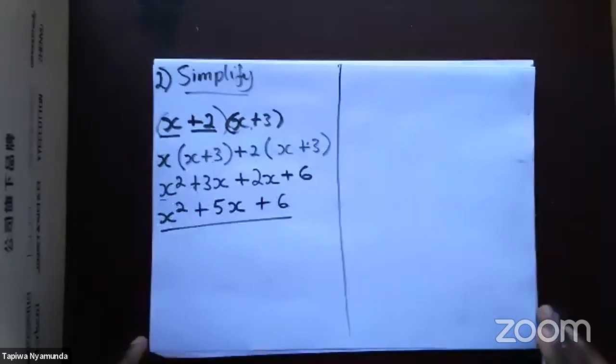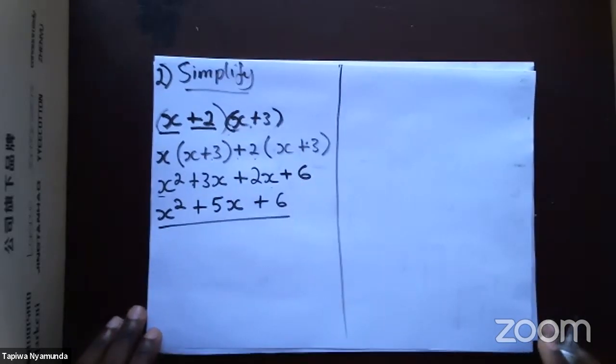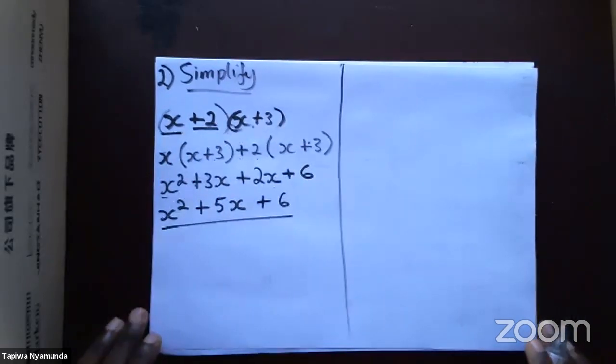Is everyone getting to my final answer? Did we all get this? x squared plus 5x plus 6. Did you all get this? Guys, you need to be participating with me.